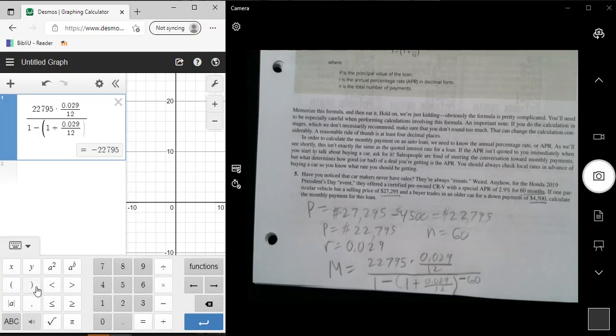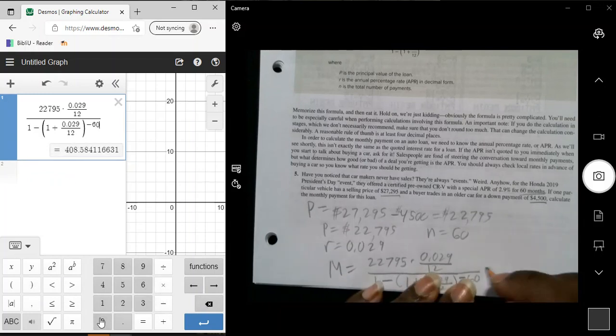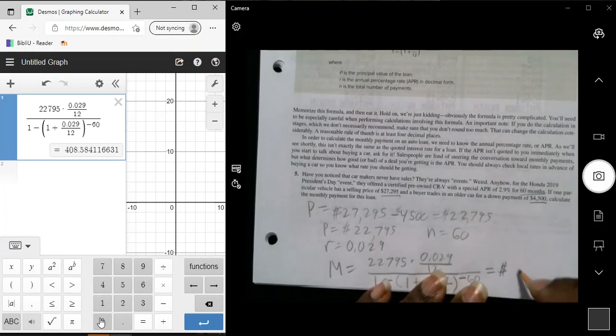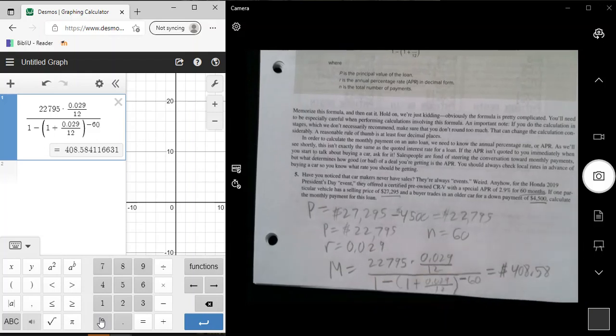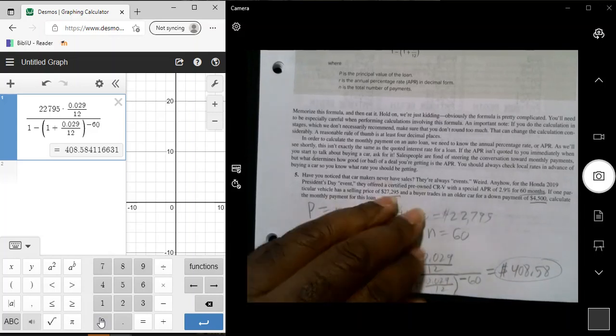Move the cursor over here, close the parenthesis, and now we would take it to the negative 60th power. And this would be our monthly payment. Our monthly payment would be $408 and then 58 cents, because our monetary system typically only goes to 2 decimal places. So this right here would be your monthly payment, $408.58.